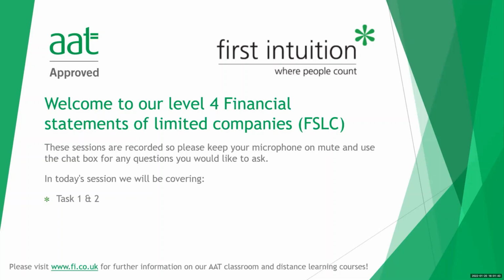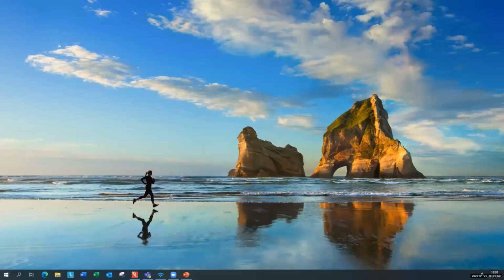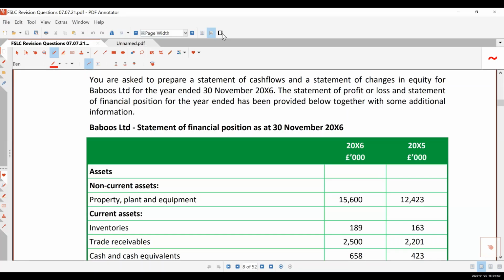Without further ado, let's just dive in, team, and have a look at the question that we have in hand. So the question that we are looking at is task 1 and 2 of your revision pack.